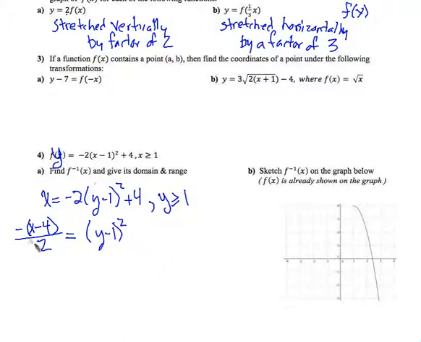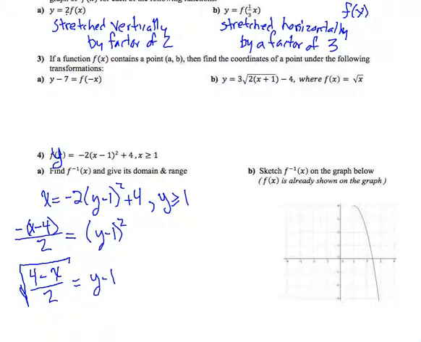And then I'm going to take the square root of that, which gives me the square root of, and I'm going to multiply through the negative so that I get 4 minus x all divided by 2, all inside the square root symbol, and this is going to be equal to y minus 1. And then I'm going to add 1 to both sides.